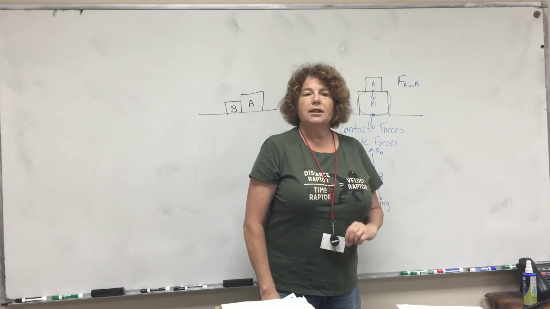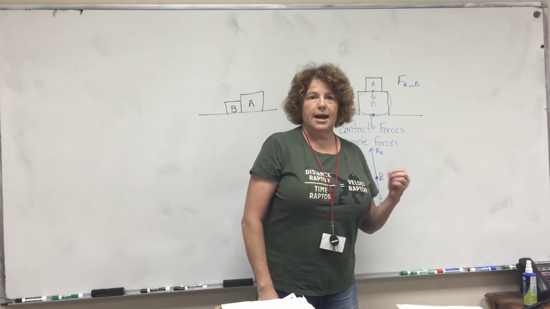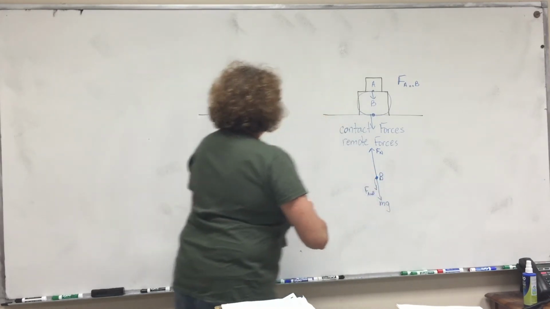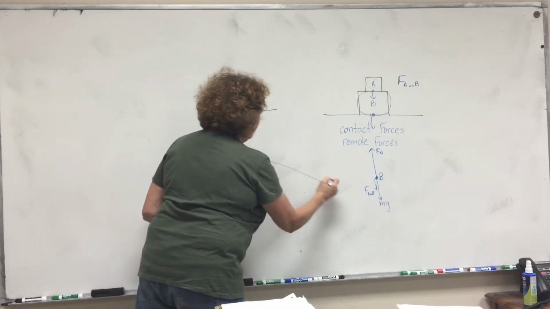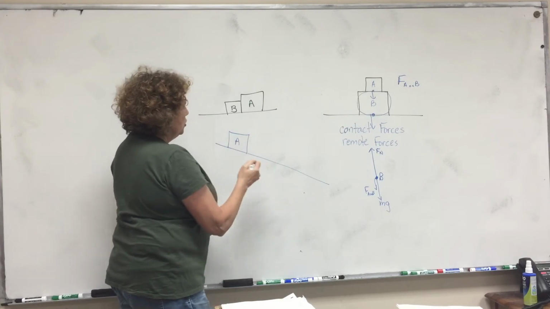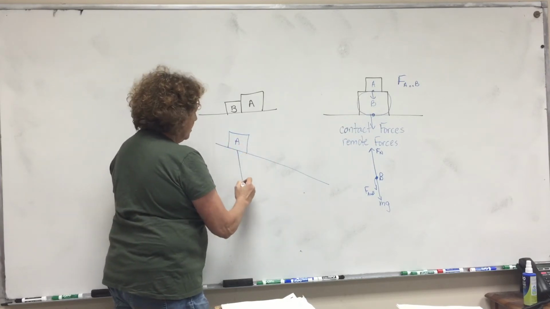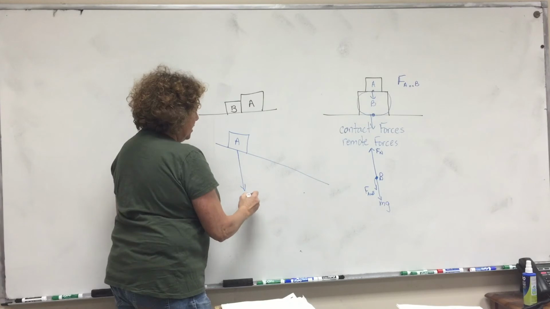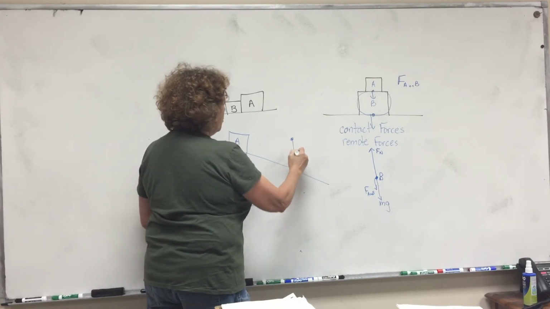So you've got to be very clear. Only draw the forces, not the components. What I mean by that is, let's say you have something like this. If you wanted to draw this force, then right away you would draw mg. So if you had a dot, you would draw mg.